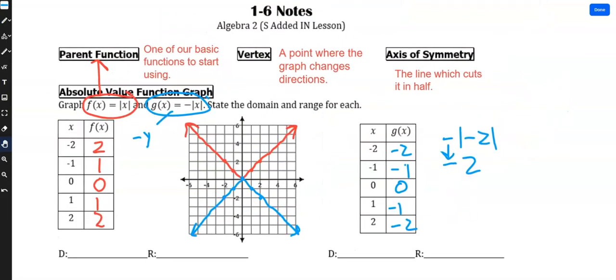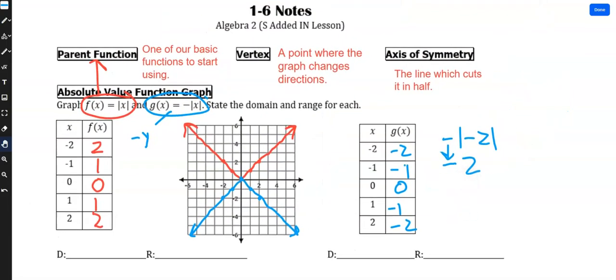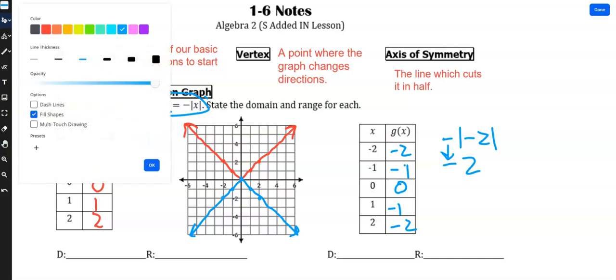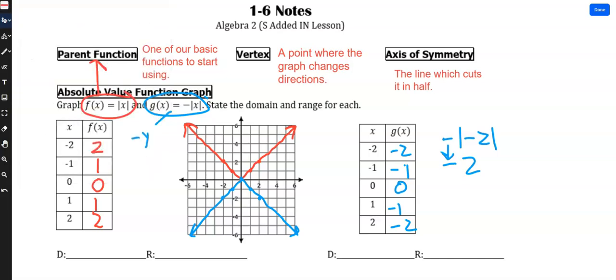Domain and range. For the original one, -infinity to infinity, and for the range, 0, infinity.